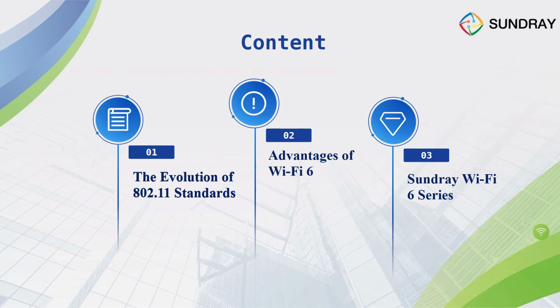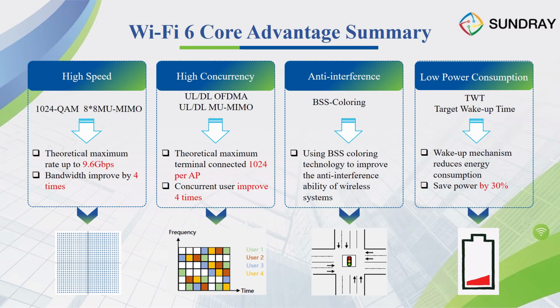Now the second part, let's go to the advantages of Wi-Fi 6. First, the speed is very high, right? The speed is almost 10G, and the battery life is increased by 4 times.